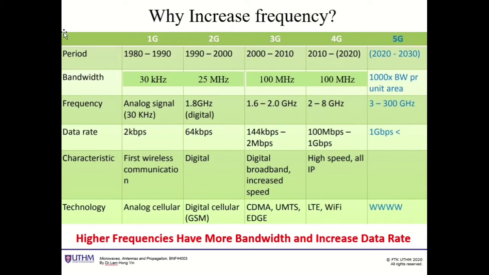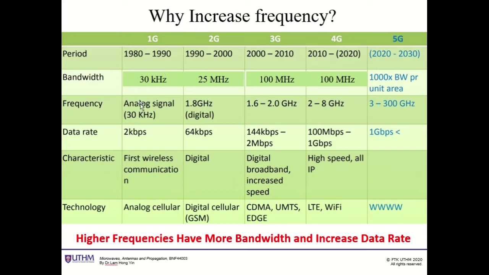So let's look at why most wireless technologies increased their frequency usage from 1980 to 2021. This is the current technology. What you're looking at here is the evolution of cellular communication from 1G to 5G. 1G started in 1980 to 1990.